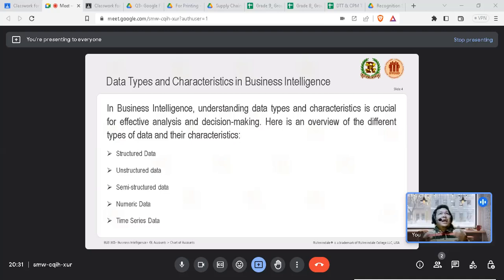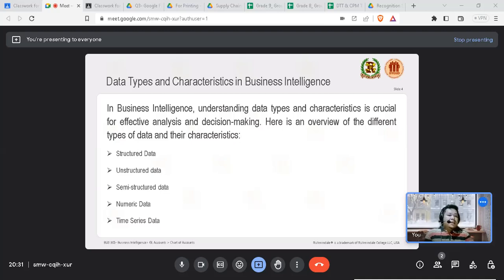So by analyzing semi-structured data, organizations can gain deeper insights, discover patterns, and make data-driven decisions based on a broader range of information.